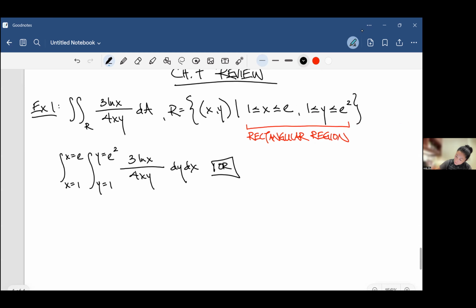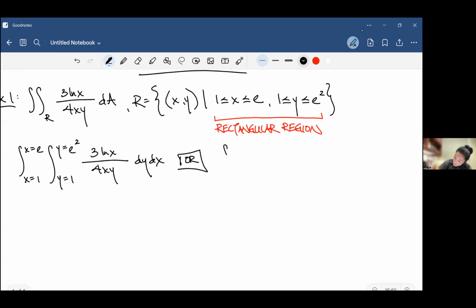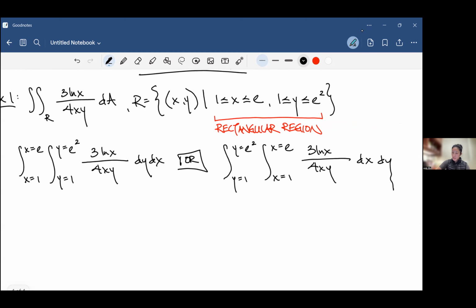Or I could have the integral of y equals 1 to y equals e squared, the integral of x equals 1 to x equals e of that same function, dx dy. Okay. So the question here really is, do I want to treat x like a variable first, or do I want to treat y as a variable first?